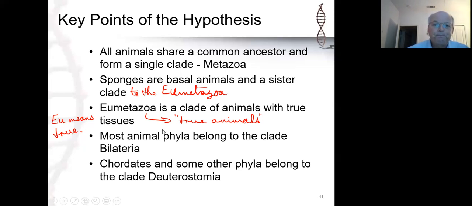So the name eumetazoa means true animals, but what it really means is the presence of true tissues. There are two clades that are radially symmetrical and are basal to the animal kingdom.